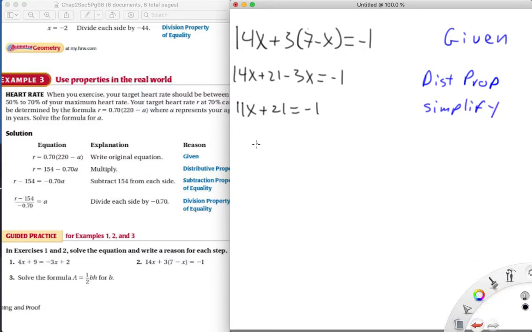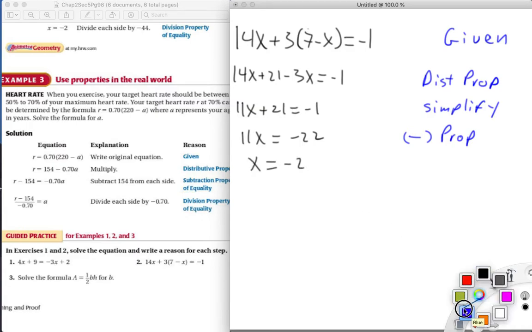Then we can subtract 21 from both sides. Subtraction property of equality. And then lastly, x equals negative 2. Division property of equality.